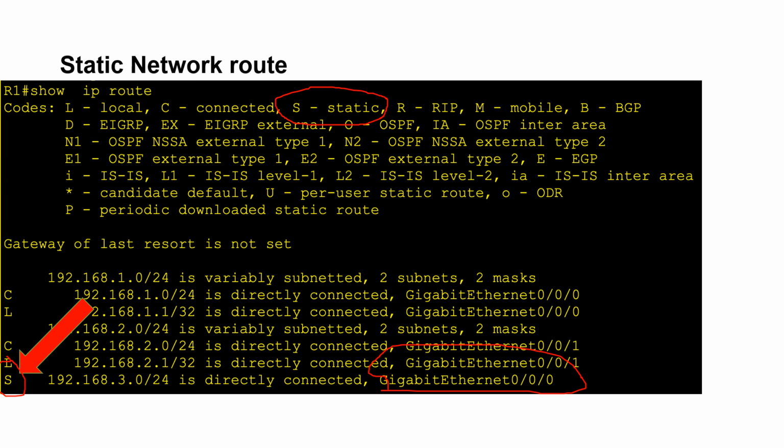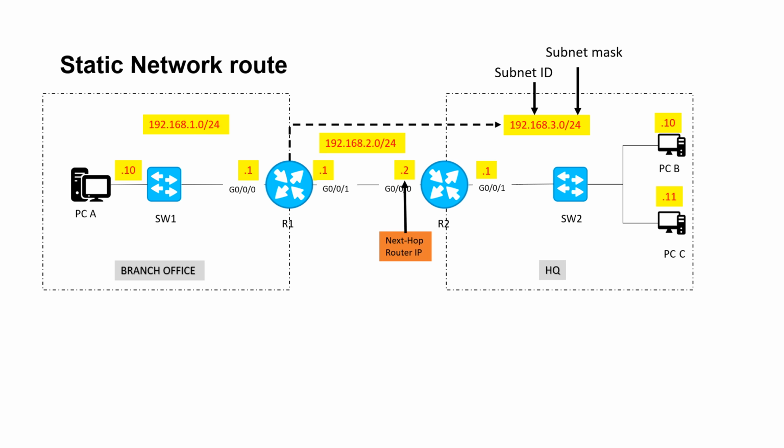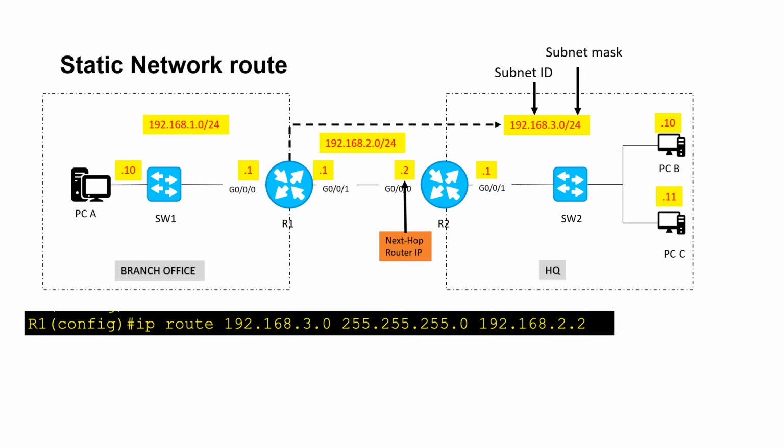Another type we can use is by using the next hop router IP address. It uses the same kind of logic except for using a different forwarding instruction. Instead of referencing R1's outgoing interface, it lists the neighboring router's IP address as the next hop router.